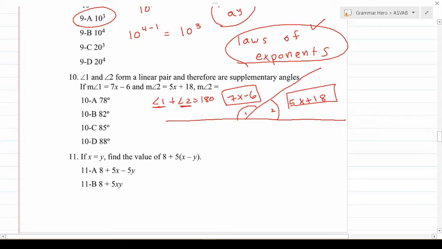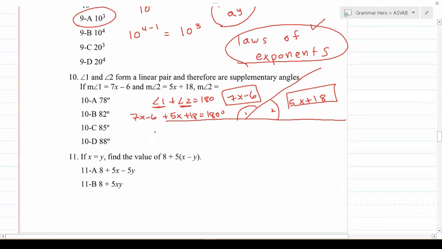So let's go ahead and replace those with 7x minus 6 plus 5x plus 18 equals 180 degrees.